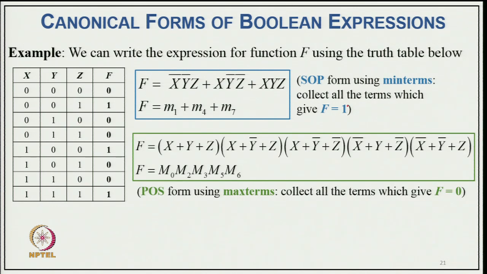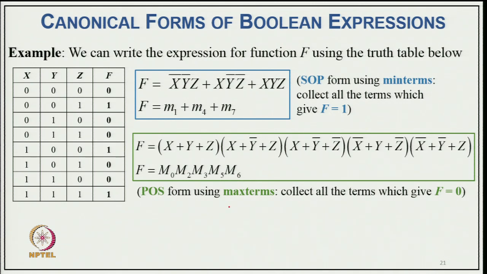Similarly, we can have an expression in terms of max terms considering all the 0s, which you can call the product of sums. Here we take all the 0 outputs. So, first is x plus y plus z, that is the first row, then second is where the 0 is, x plus y dash plus z, and similarly we take all the 0s as a product, and this we can write as f equal to M0, M2, M3, M5, and so on, which consists of all these.